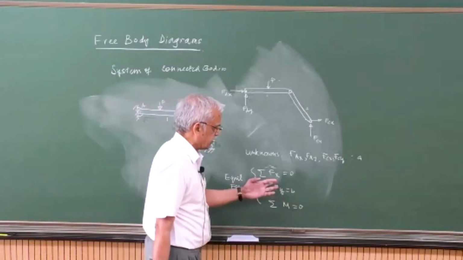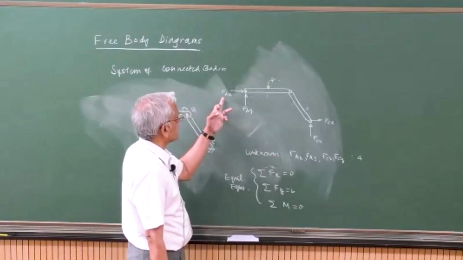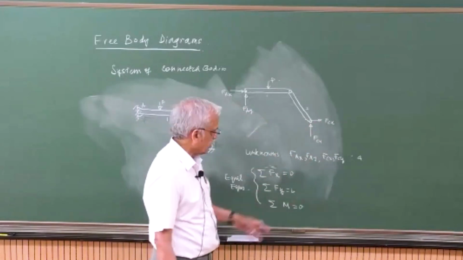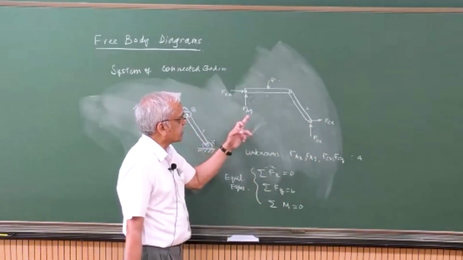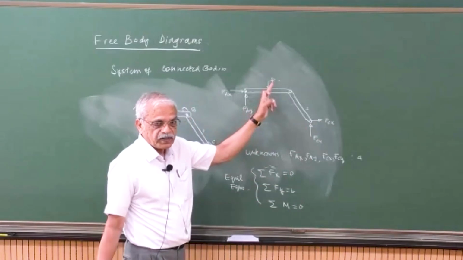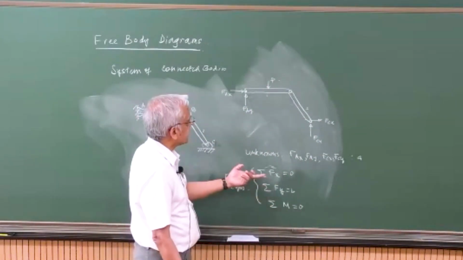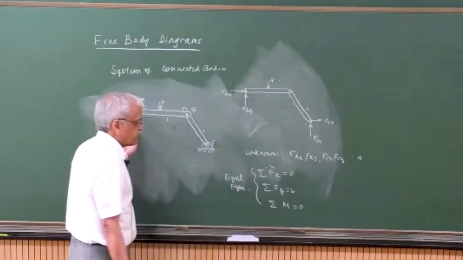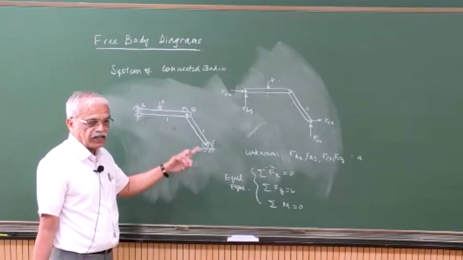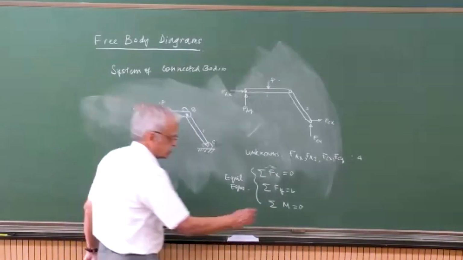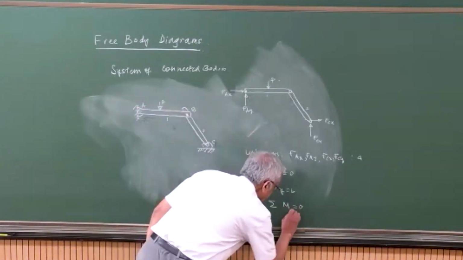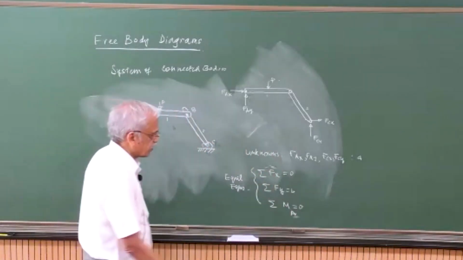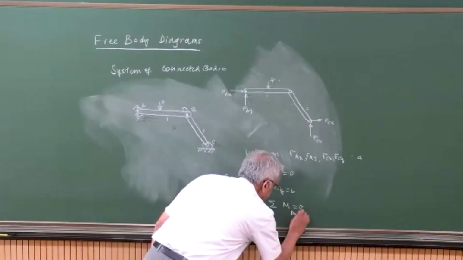You know how to frame this, right? Sigma Fx is 0, so FAX plus FCX is 0, and for Fy, FAY plus FCY minus P is 0. And the moment can be about any arbitrary point. It can be about A, B, or C, or any other point.